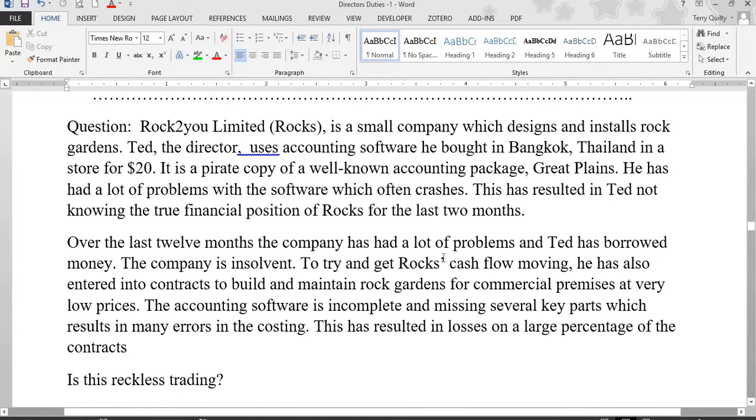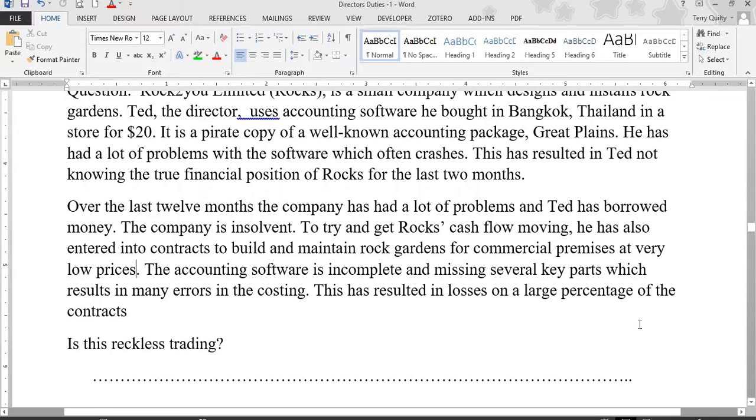So over the last 12 months, lots of problems, borrowed money, the company's insolvent. So we know it's insolvent from the facts. And he enters into contracts to build and maintain rock gardens for commercial premises at very low prices. Now, there's a number of issues in this. If we say, has he allowed or caused the business or agreed to the business carrying on in a manner likely to create a risk, there are several issues.